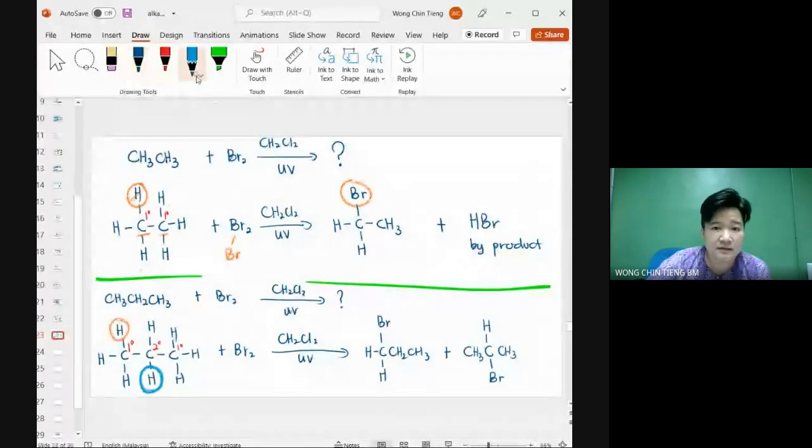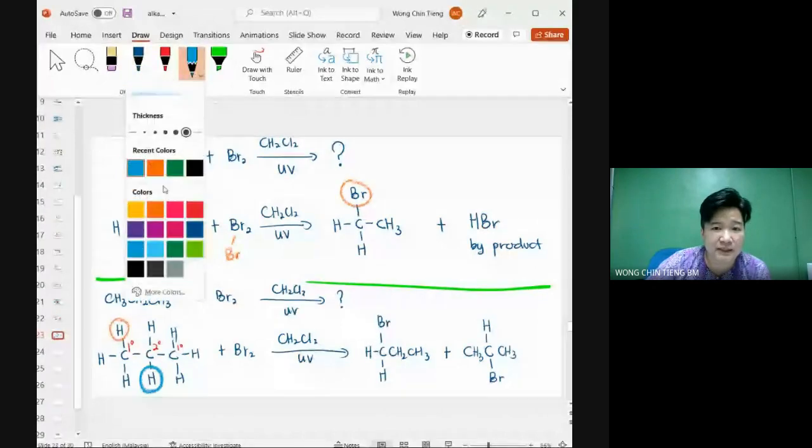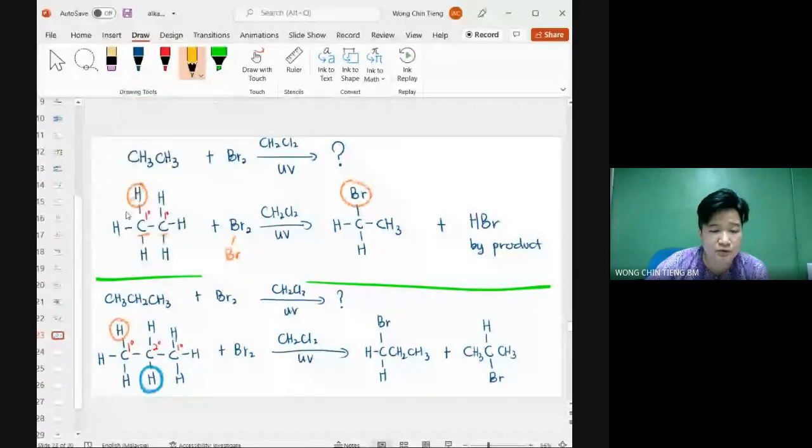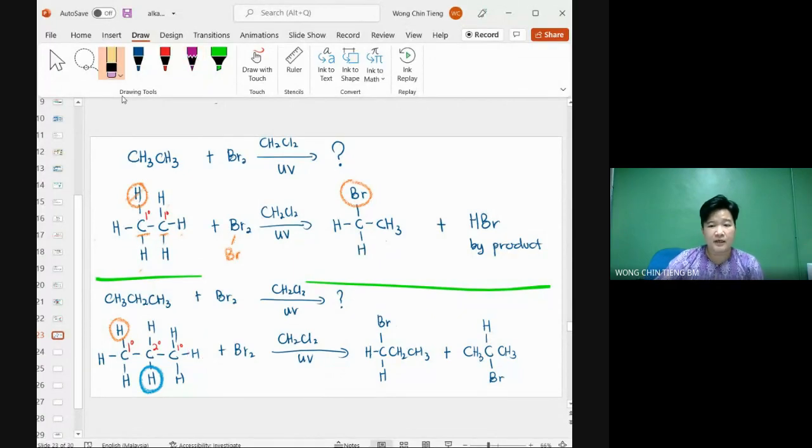Dan soalan saya, untuk carbon primary satu lagi, perlu tak ubah lagi? Perlu tak ganti hidrogen ni? Kenapa tak perlu? Perasan tak dia akan dapat sama? Kan? Kiri dengan kanan akan dapat sama kan nanti? Alright, so tak payahlah. So bila tak payah, kita berhentilah kat situ. Itulah produk kita. Dan jangan lupa byproduct. Kita ada HBr. Nampak?